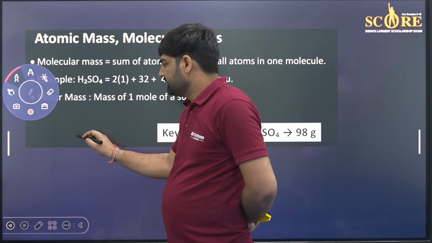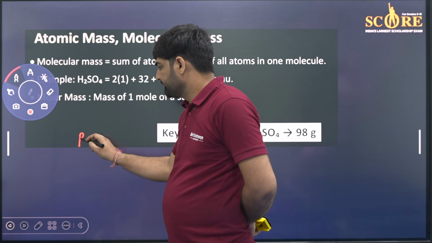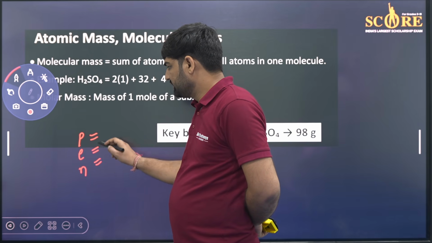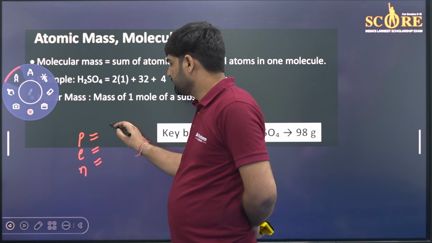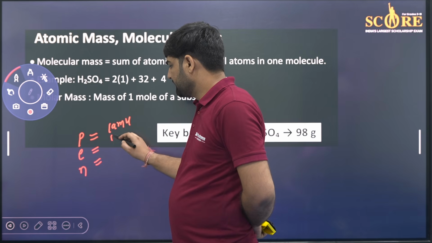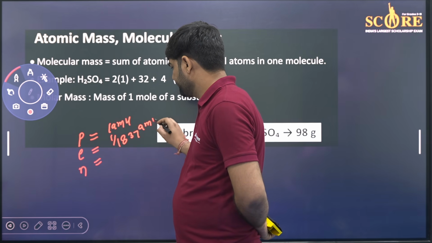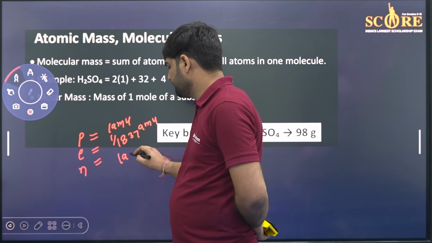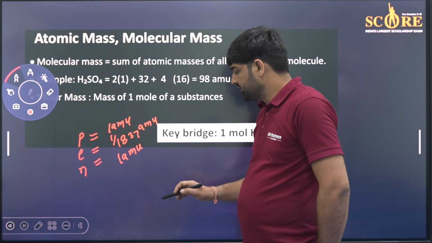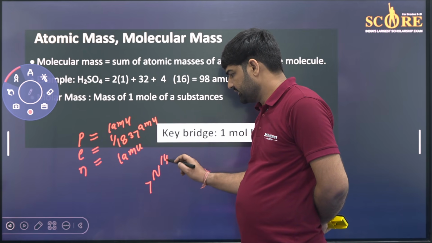In an atom there are three subatomic particles: proton, electron, neutron. Proton has a mass of 1 amu, electron has a mass of 1 divided by 1837 amu, and the mass of neutron is also 1 amu.